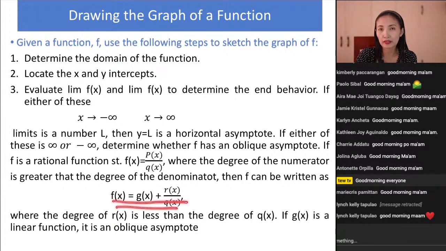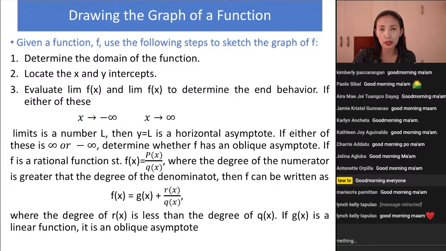So if this is the case, then the rational function has an oblique asymptote. Not horizontal, not vertical, but oblique. And particularly the asymptote is the function g of x. The linear function g of x is an oblique asymptote of the rational function.